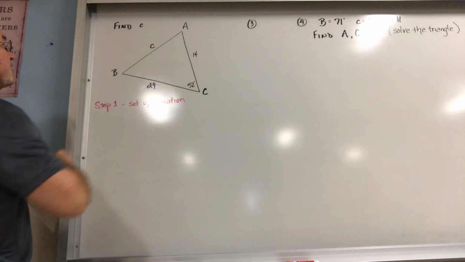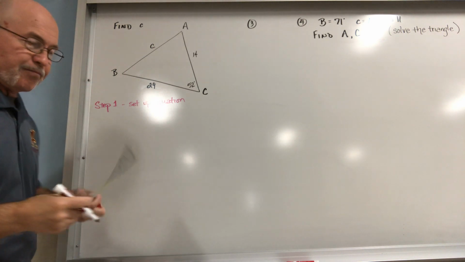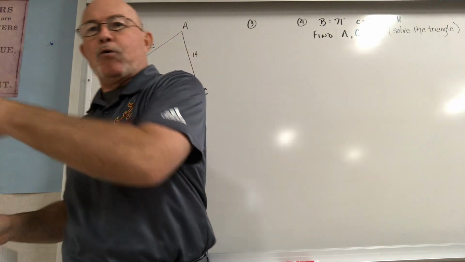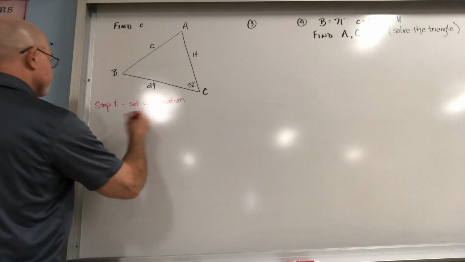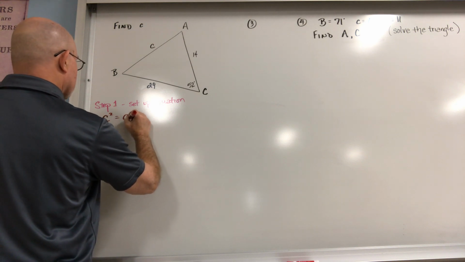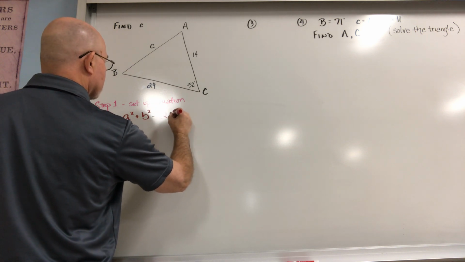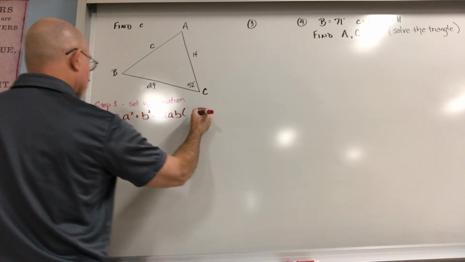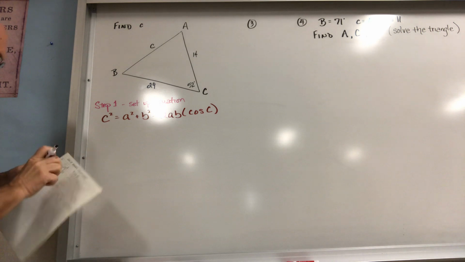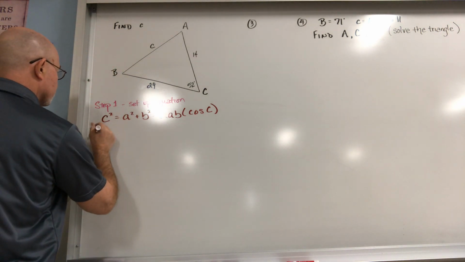We are looking to find C right here. So the C, if you remember back and look back to your first one there, C squared equals, that's the one we're going to look at. Now, next step, substitute values.